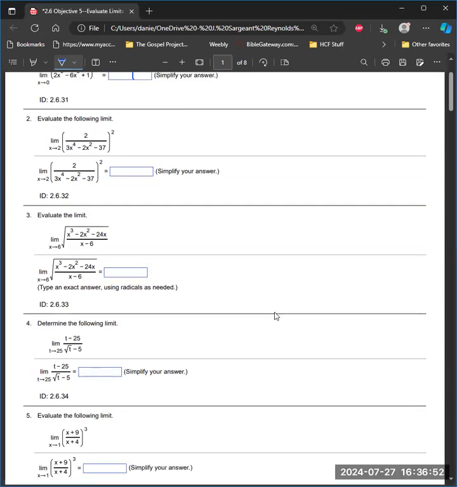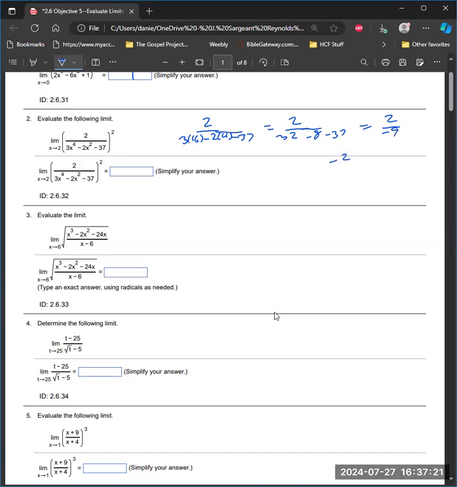Now let's go ahead and see what happens when I stick 2 in here. 2 over 3 times 16 minus 2 times 4 minus 37. Let's figure that out. It's 2 over 32 minus 8 minus 37. It's 2 over, this is 28. It's a negative 9.